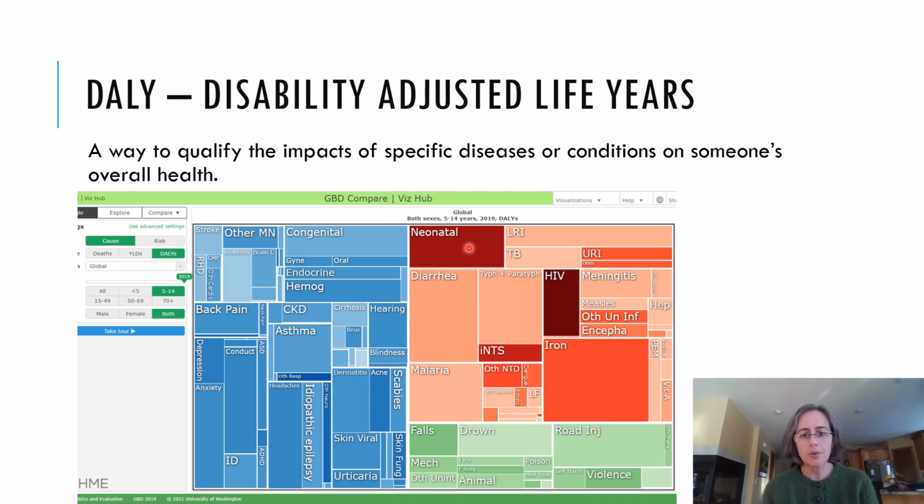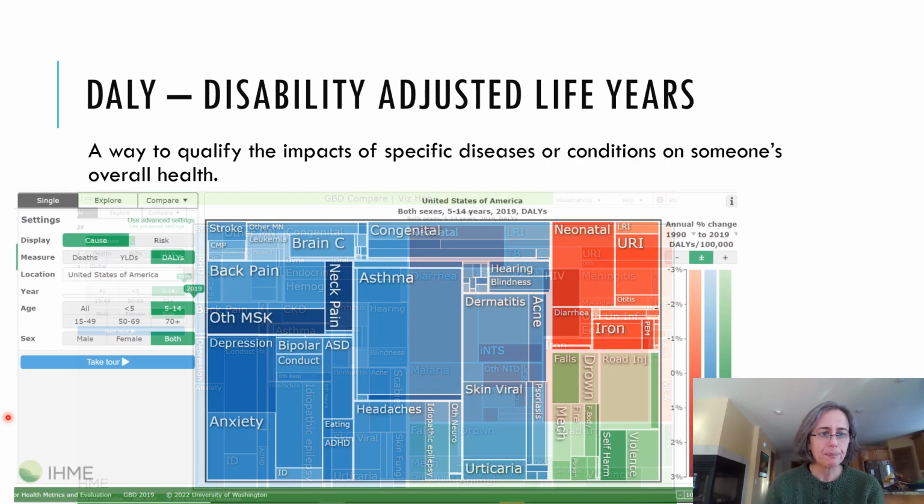So residua of having been born prematurely and had a lot of trouble in infancy, then those things carry over and people are left with deficits. Diarrheal illnesses are a major cause of disability in children worldwide. Typhoid fever, iron deficiency, malaria, a lot of things that we don't see here in our country are really, really common and have a huge negative impact on the quality of life of children globally.